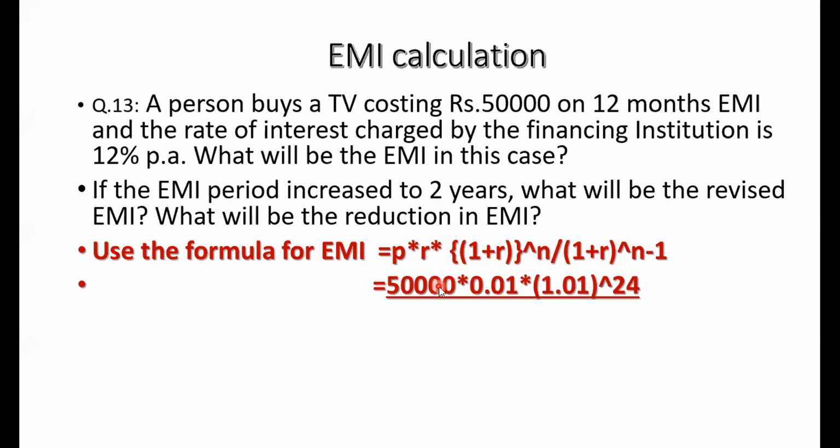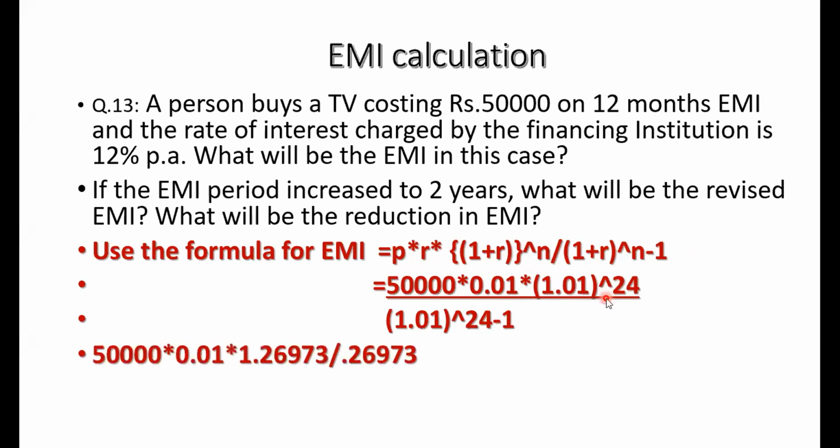So 50,000 you key in, 0.01 you key in, 1.01 to the power 24, divided by the same value minus 1. Finally you will get 1.01 to the power 24 minus 1, so the value you will get is 1.26973.